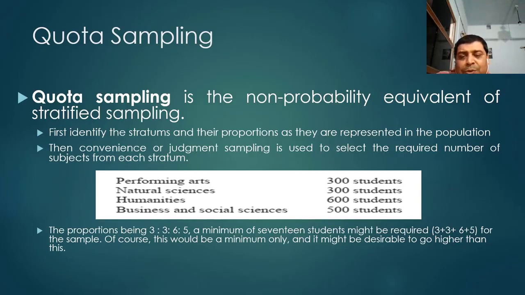So what I am going to do, the ratio between all these four groups will be 3:3:6:5. The total of these ratios will be 17. So I will go for 25 students in quota sampling. This is how it is done.